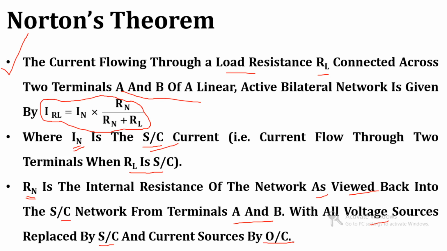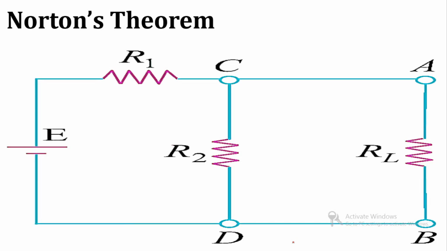So let's see how we can apply Norton's theorem to a simple network. Let's suppose this is the network, and in this network I have to find the current which flows through load resistance RL. So based on Norton's theorem, what do we have to do?